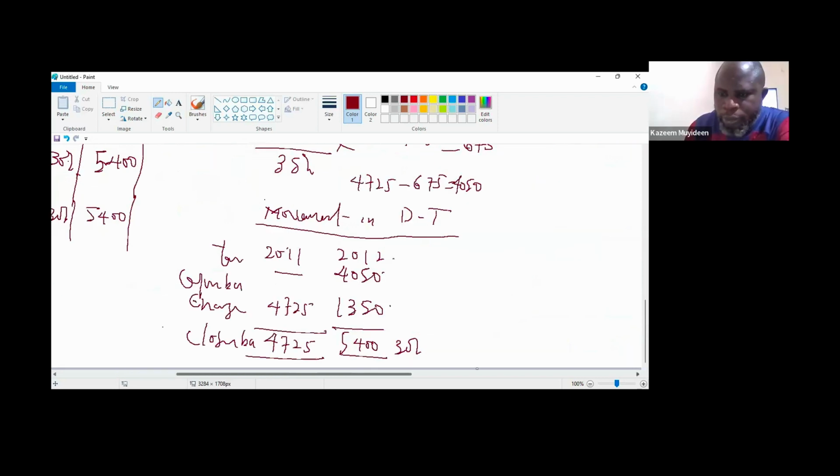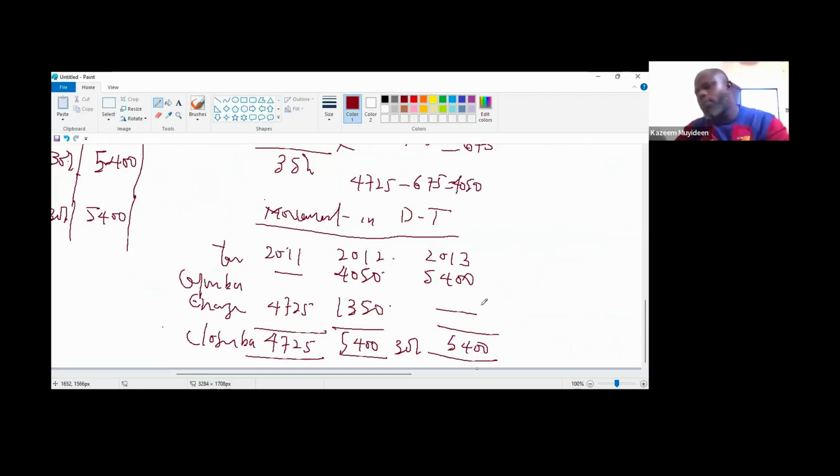So in 2013, opening balance, 54. We also close with 54. So what is the total tax expense?